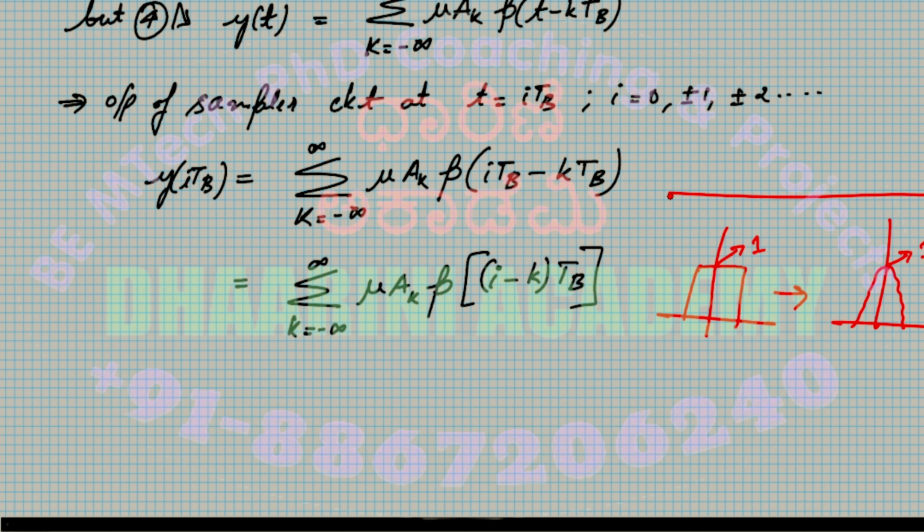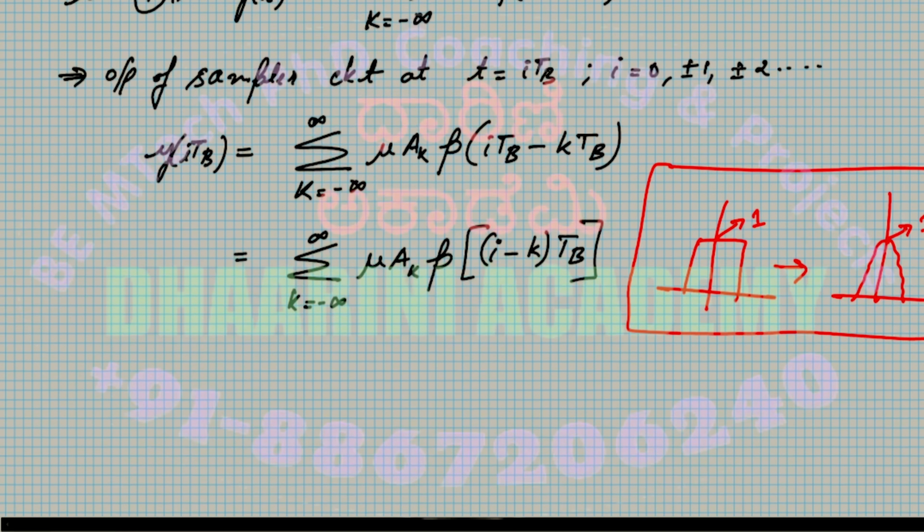So what I'm assuming is this: I sent a pulse like this. On the receiver side, what you get is something like this. At the center, it is still 1, maybe its shape is changed. I sent the same thing at the center. This is the simplest one to assume, but practically this may not be the case. Just to do the mathematics, we are assuming this. We want to keep the maths as easy as possible.